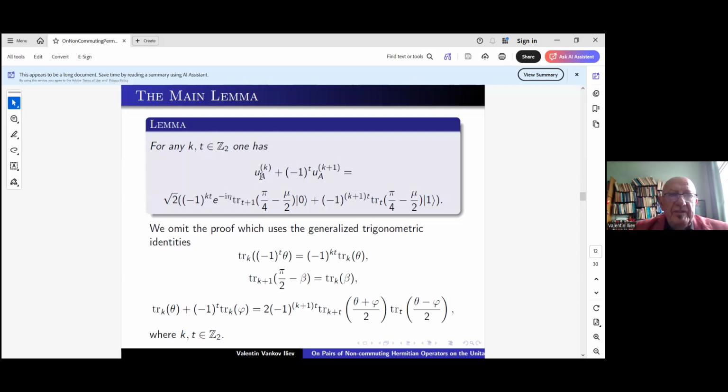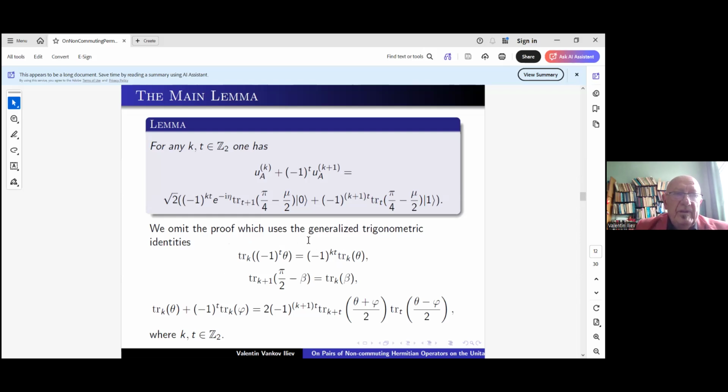So here, this identity is a generalized trigonometric identity. It depends on two parameters, k equals 0 and 1, and t equals 0 and 1. So there are four trigonometric identities of that kind here. And we can write this down in a uniform way.